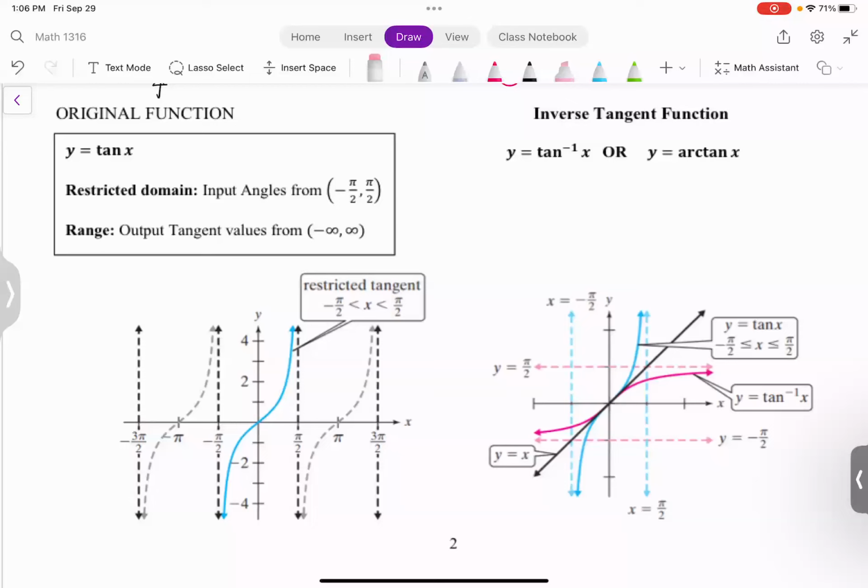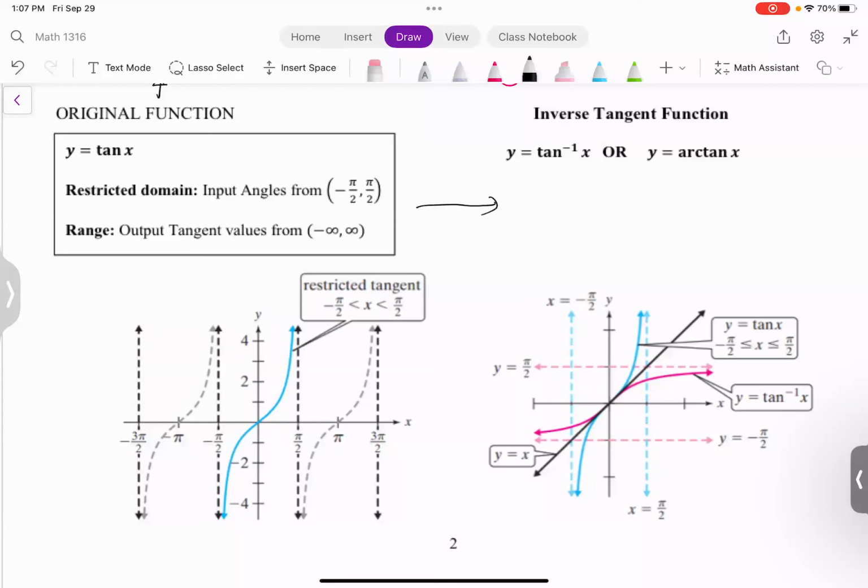So if I choose the angle between negative pi over 2 and positive pi over 2, then I'm having a graph like the blue curve. This is a one-to-one function because horizontal line, I have only one intercept. So I can just limit my domain between negative pi over 2 to pi over 2.